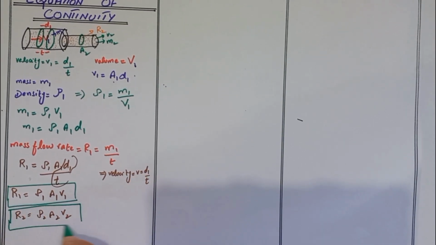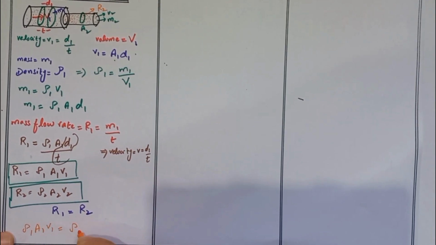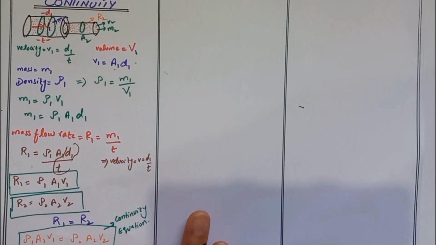We know that the mass flow rate in both containers is equal, R1 is equal to R2. So we can write rho 1 A1 V1 is equal to rho 2 A2 V2. This equation is known as the continuity equation.